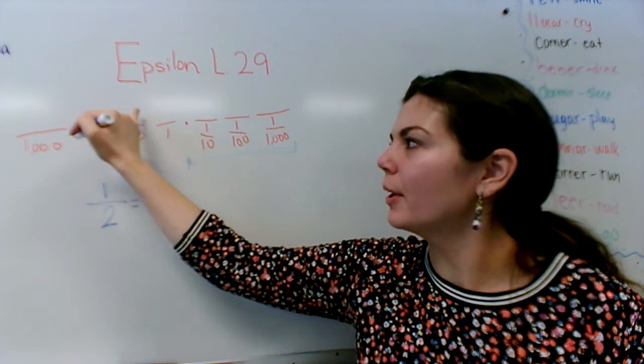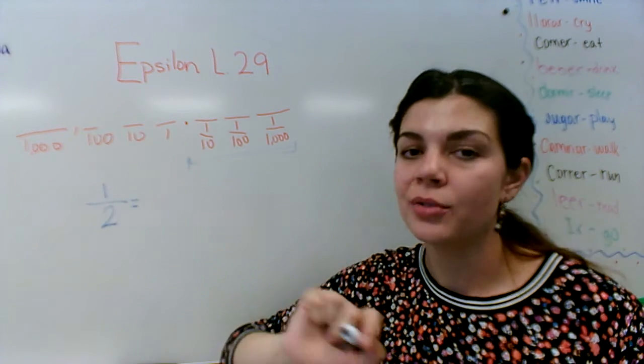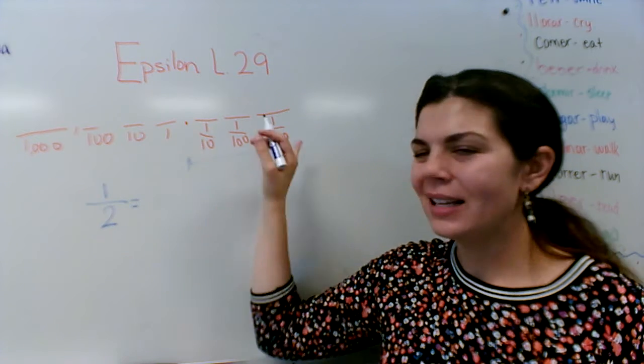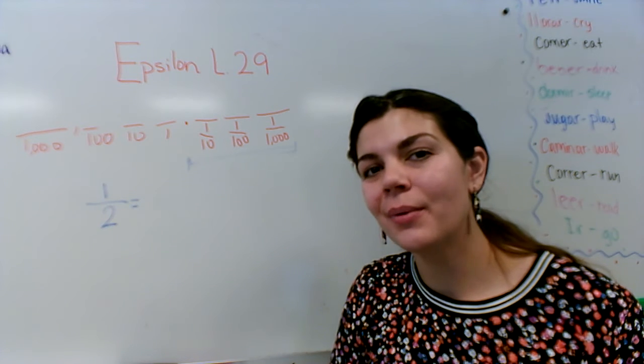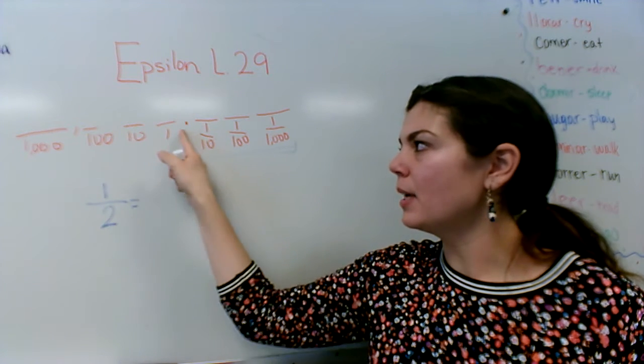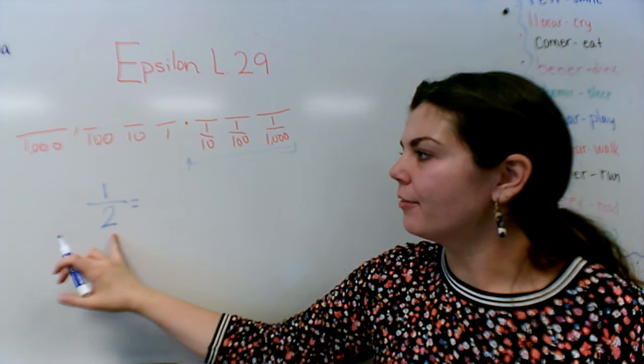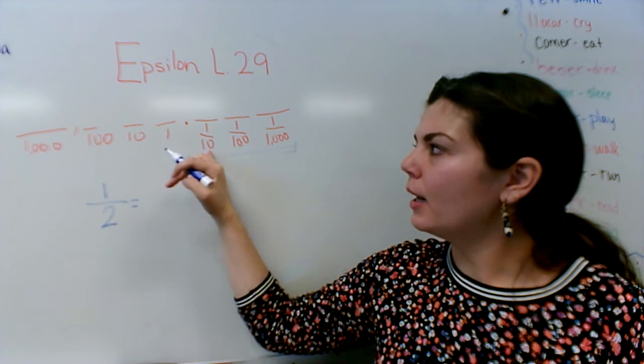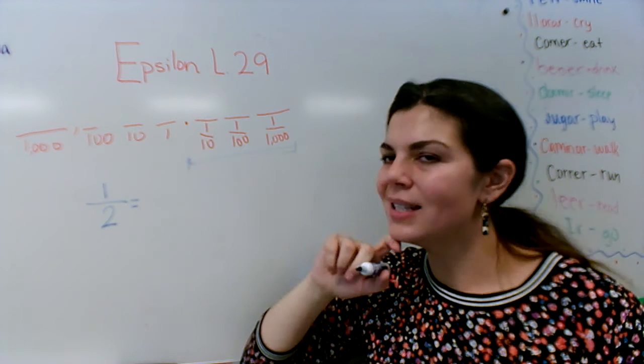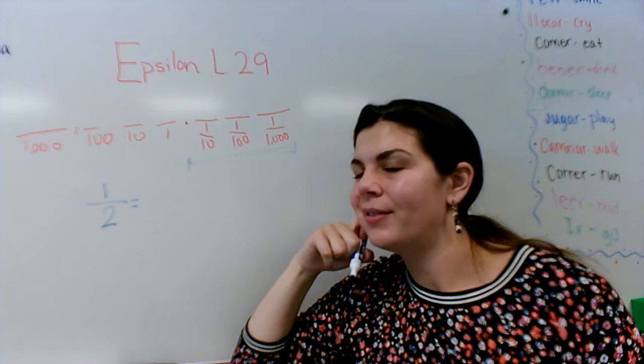It's not a whole number. It doesn't go in the ones, tens, hundreds. Half is less than 1. That means if I wanted to write it as a decimal, it would be behind the point. All right? So if I have half, I want my half to be a decimal, so it needs to be a part of 10.